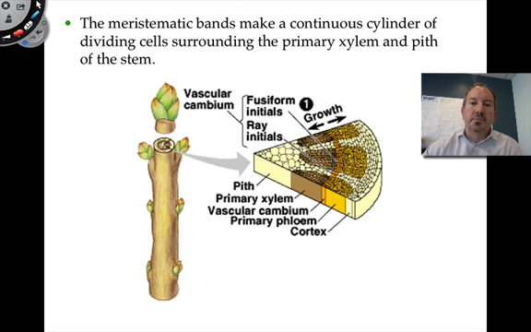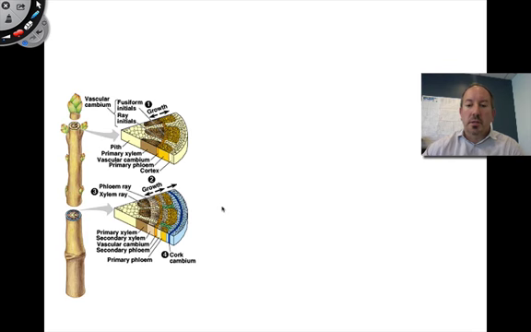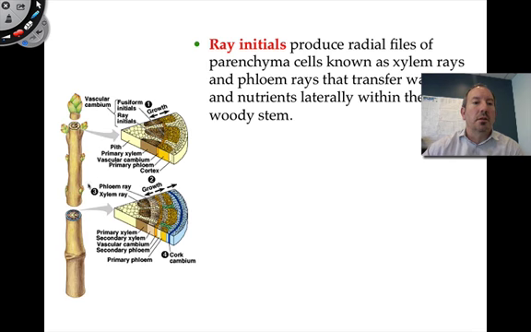Let me go back here. These ray initials and fusiform initials are these lateral cells that will differentiate, which will conduct fluid laterally in the plant. And so here you can see the plant's getting a little bit older. Notice how secondary growth is happening a little bit further down towards the soil here.